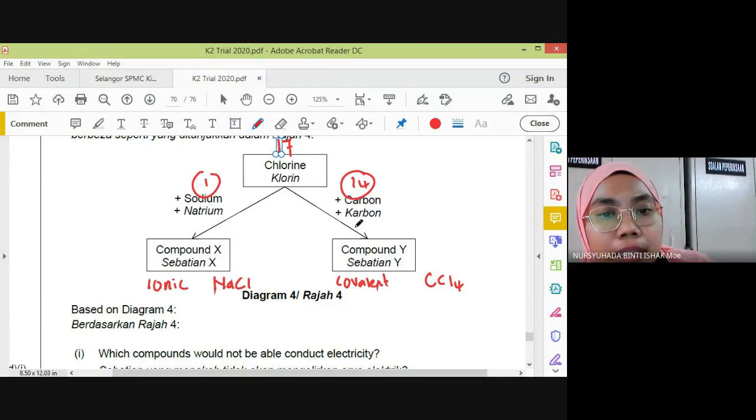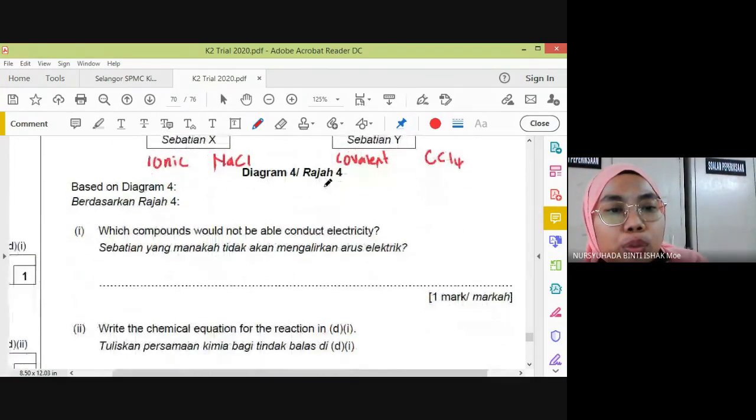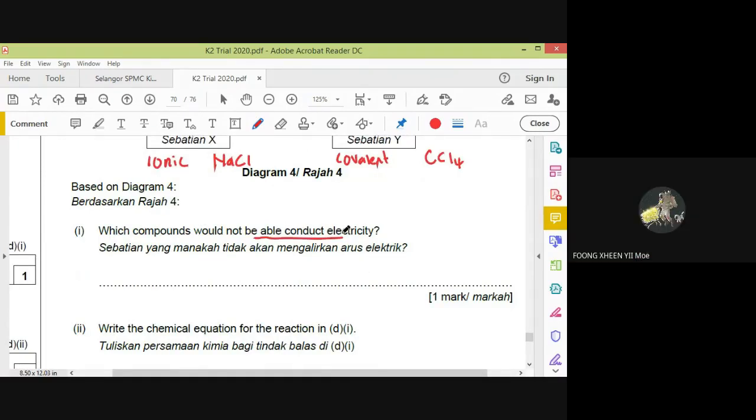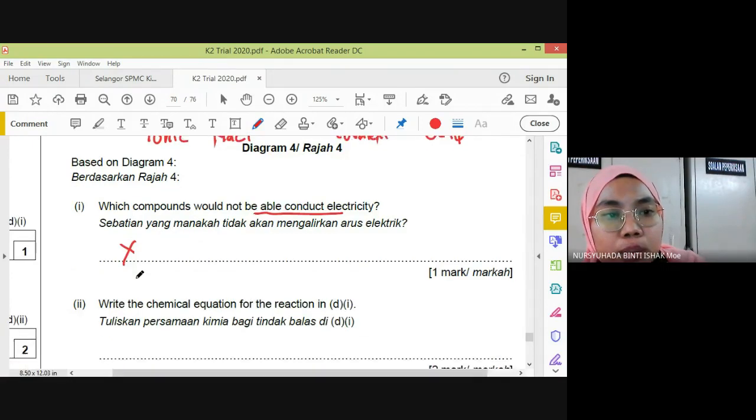Kalau covalent, non-metal dengan non-metal. Itu beza ionic dengan covalent. Which compound would not be able to conduct electric? Covalent. Y ke X? Y. Okay, pandai.